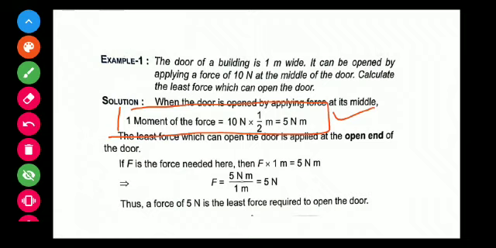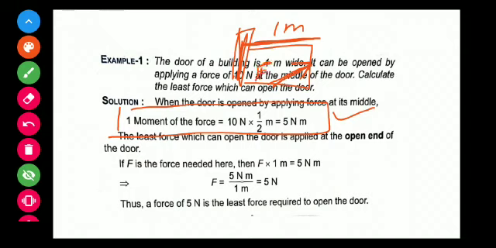And now we want to determine the minimum force required to open the door, to turn the door. If we apply a force at the edge, in that case this distance is 1 meter. Find the force.